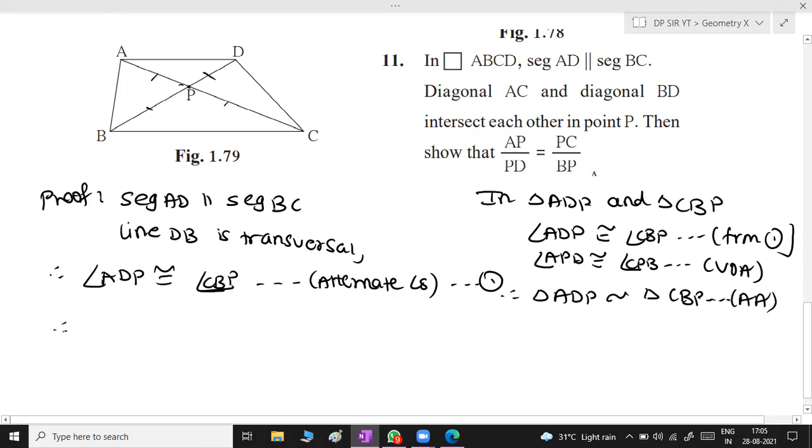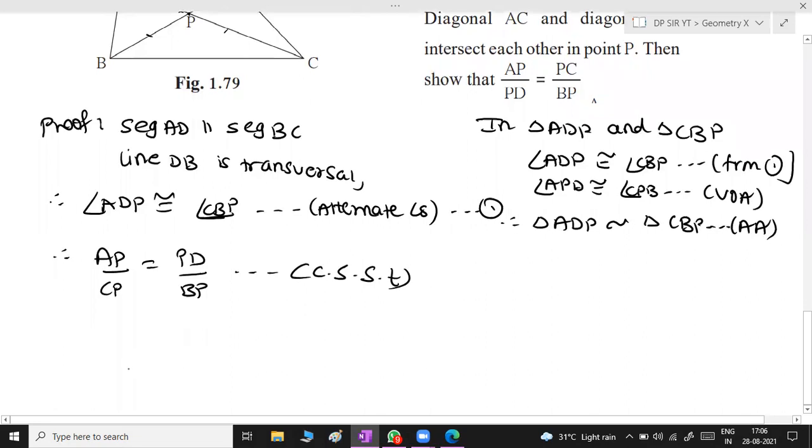Now take corresponding sides of similar triangles. So you are going to get AP upon CP is equal to PD upon BP. Okay. You can mention the reason here: corresponding sides of similar triangles. I hope you know the meaning of alternando now.